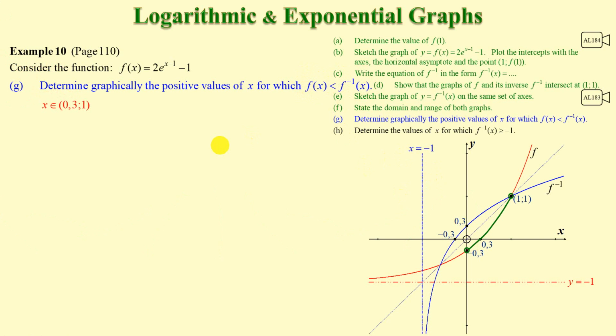There we go. It's below the whole way to there, but we're limited to positive values of x only. So it's from there to there. It's less than, so it doesn't include the endpoints, so we'll have round brackets for the interval notation.